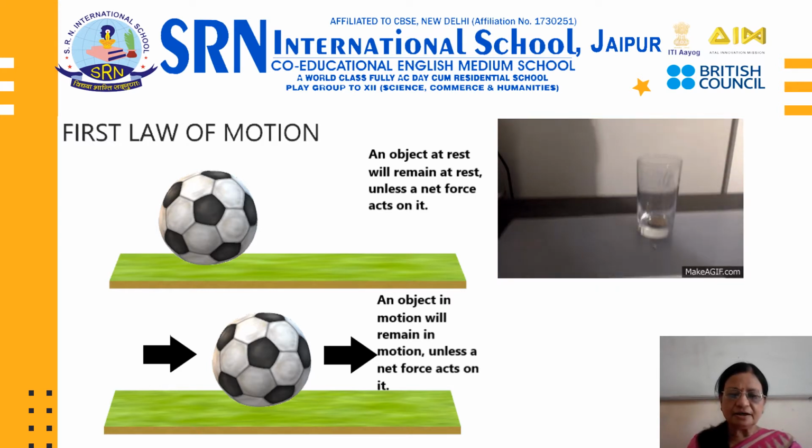Similarly, if we kick a football, it flies away, because an object in motion will remain in motion unless a net force acts on it. But if we kick a stone of the same size with equal force, it hardly moves. This is due to inertia, which is a natural tendency of an object to resist a change in its state of motion or of rest. The mass of an object is a measure of its inertia.